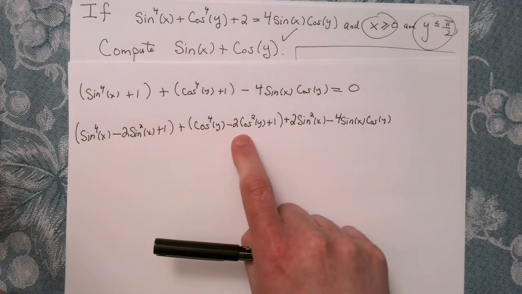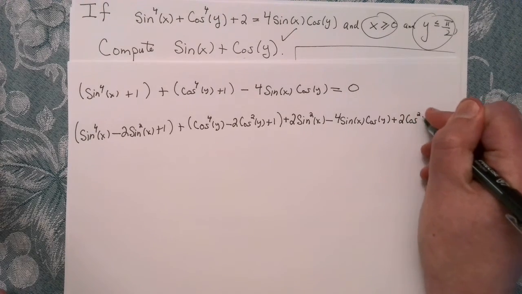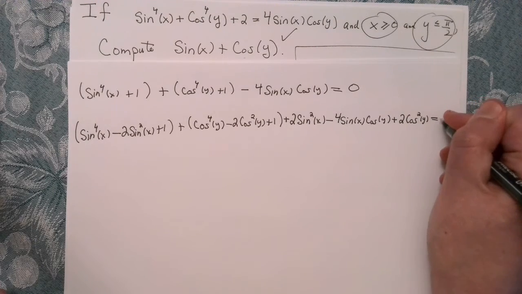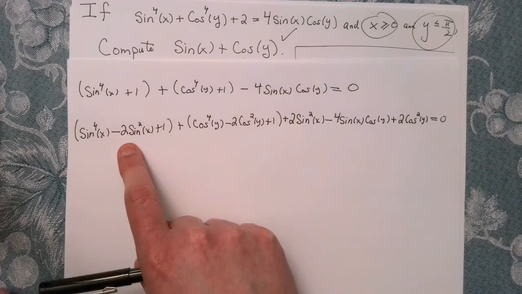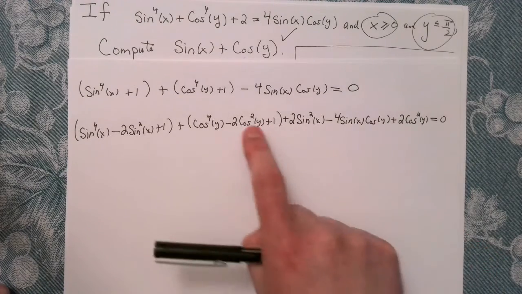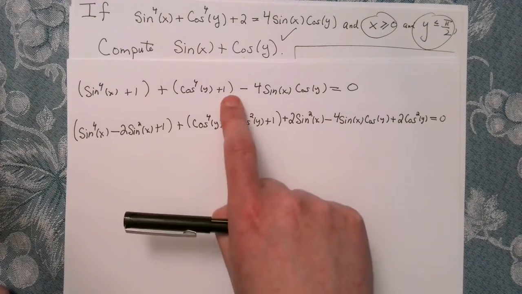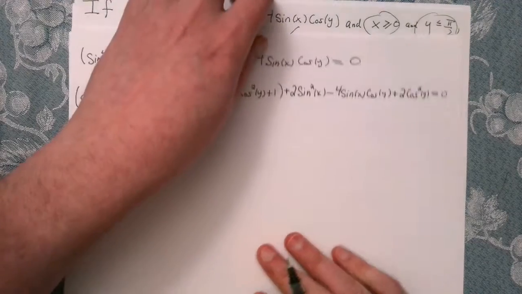And then to balance that out, I'm going to add 2 cosine squared of y. So that balances that out. I'm happy about that. We had that from before, and then our 1 plus 1 was the 2 from up here. Okay, cool. So what do we want next?